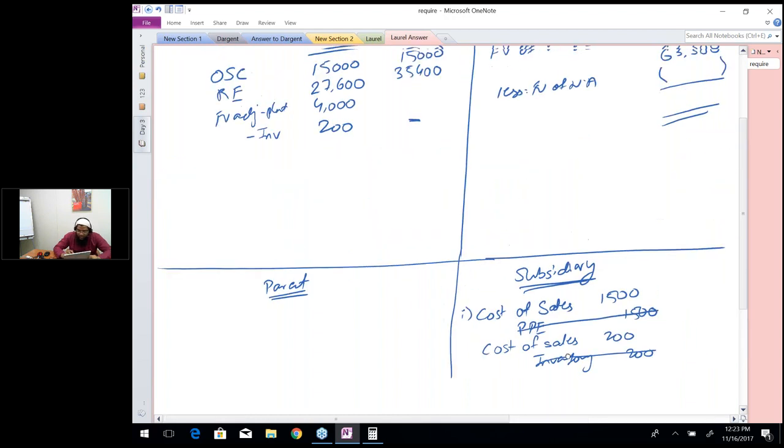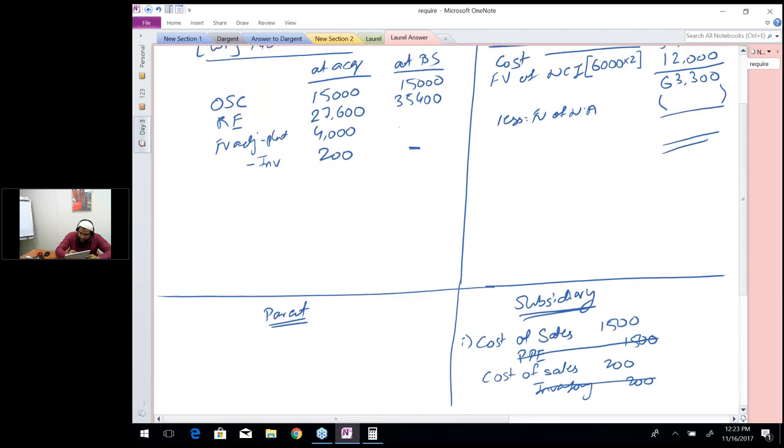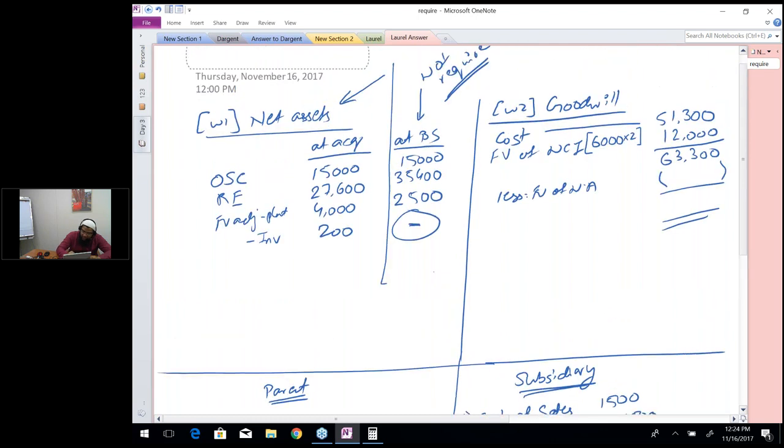So I'm moving towards working one, and I'm writing the plant value to be 2500 after charging 1500 depreciation, and the inventory value is 0 after crediting the inventory by 200. So this working is actually not required, but we are solving this just to show you something.